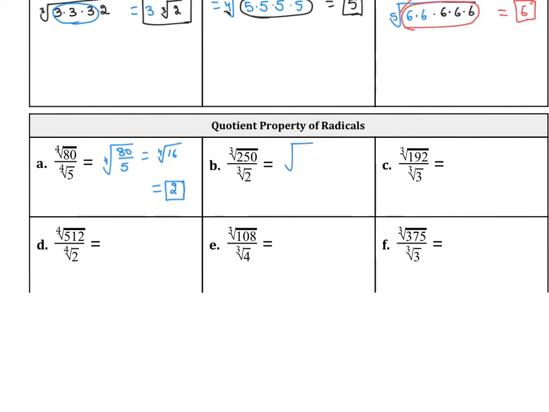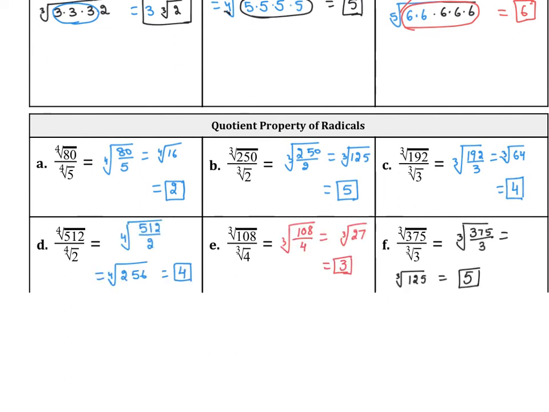Next, you combine the radicals into 1 radical, and you have cube root of 125, and cube root of 125 is just 5. Then 192 divided by 3, and we find the cube root of that number. 192 divided by 3 is 64. Cube root of 64 is 4, so the answer is 4.